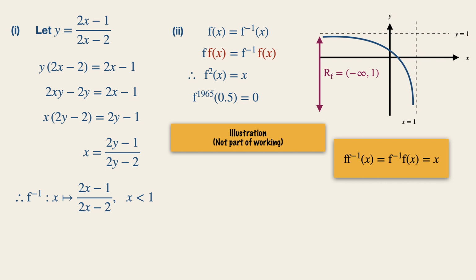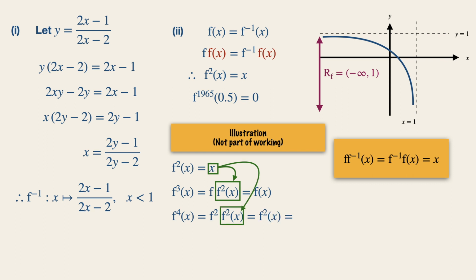Now we have f to the power of 2 of x is equal to x from the previous part of the question. This means that f to the power of 3 of x is equal to the composite function f of f to the power of 2 of x, and this will be equal to f(x) because f to the power of 2 of x is simply x. So as we go on, f to the power of 4 of x is equal to f to the power of 2 of f to the power of 2 of x, and it simply equals to f to the power of 2 of x.